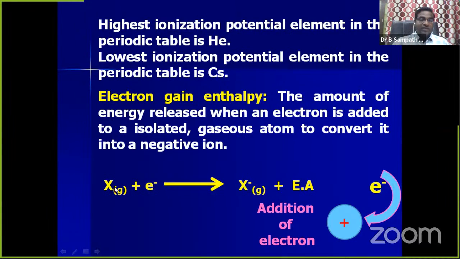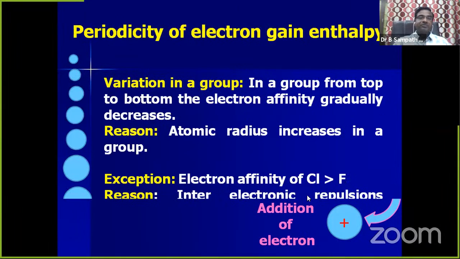Here this is the isolated gaseous atom, and an electron is added to this atom. The atom is converted into this negative ion and some amount of energy is released. This energy is called electron gain enthalpy or electron affinity.